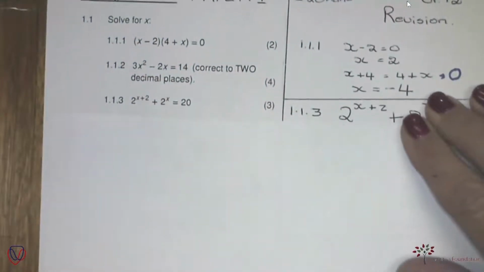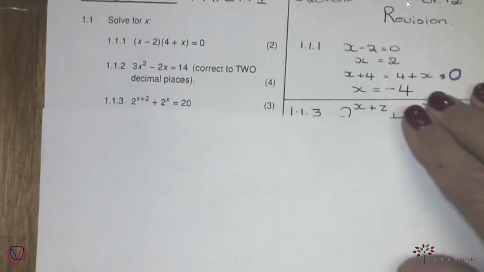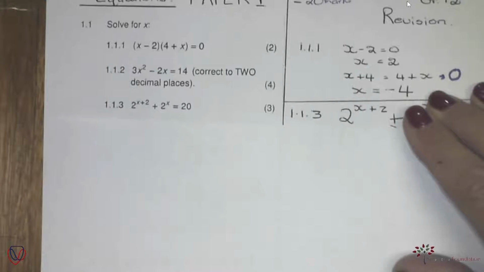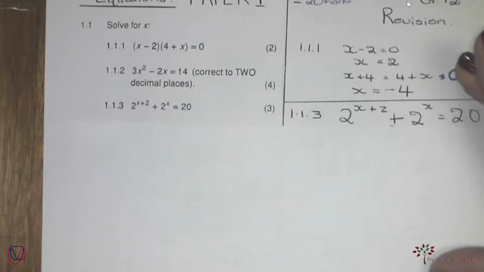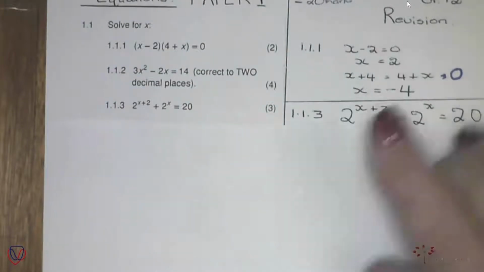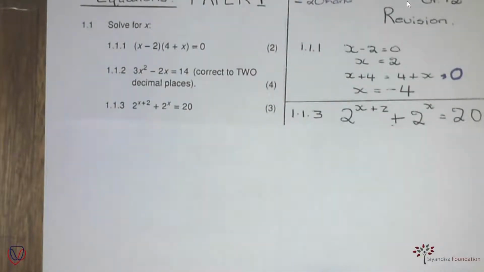Let's go to 1.1.3. Right, people, there we have an exponential problem. Also solve for x. There it is. Now people, if you look at that, remember when you do exponential sums and you've got a positive or a negative between the terms, the first thing you remember is that you should take out a common factor.